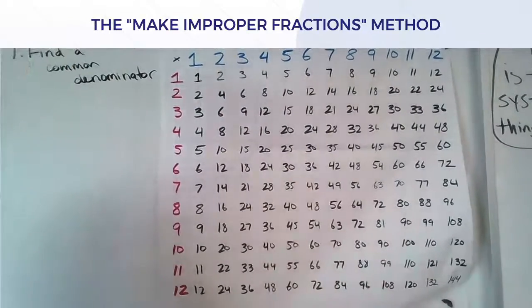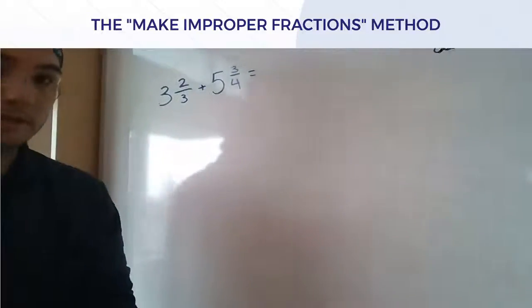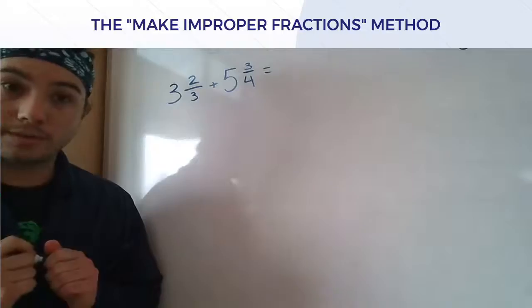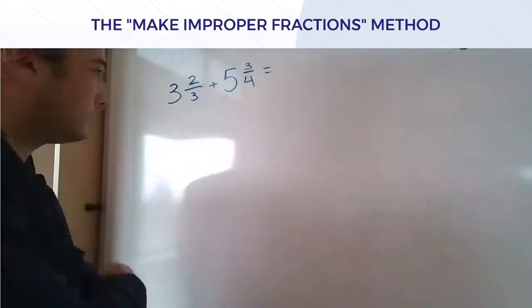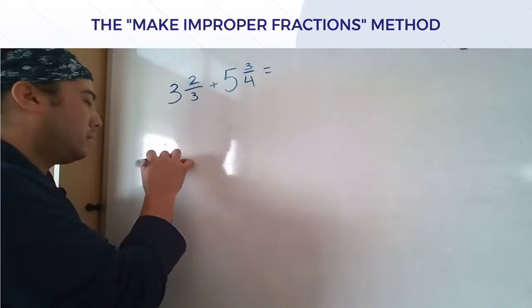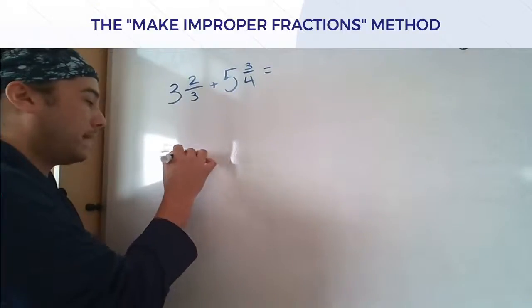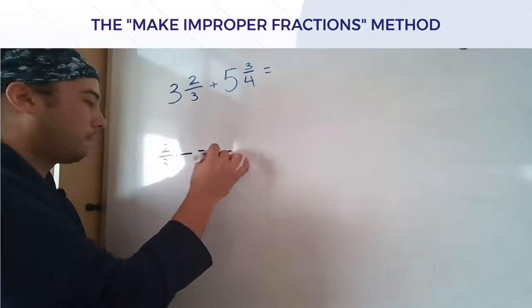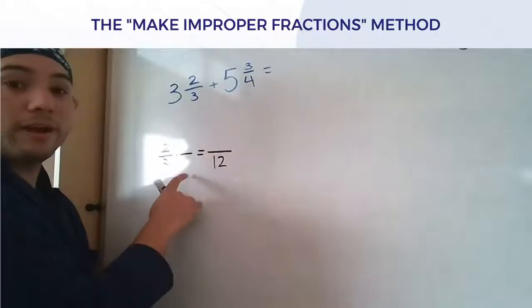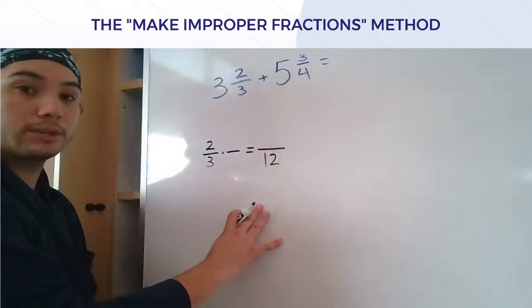Okay? So now we're going to convert these fractions, 2/3 and 3/4, into 12ths. So 2/3 equals, we're going to multiply it by an equivalent of 1. And I do want to say it is very helpful to write it out. You can't see because of glare. There it is.